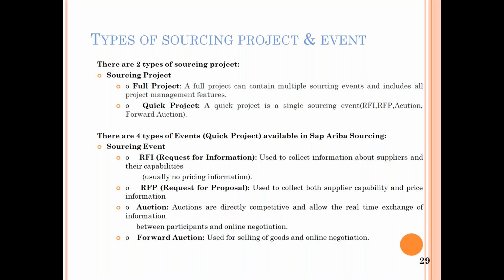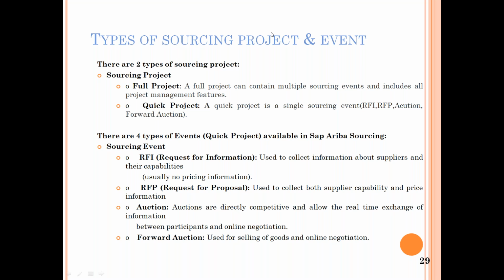If you are aware of RFQ, the request for quotation concept we have in S/4HANA, and sourcing is integrated with ERP, your core will be the RFQ which you are creating in the S/4HANA system.